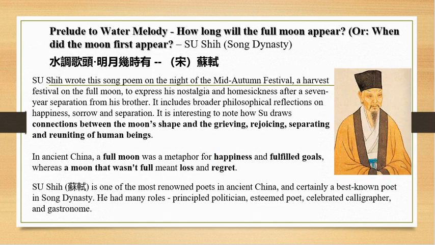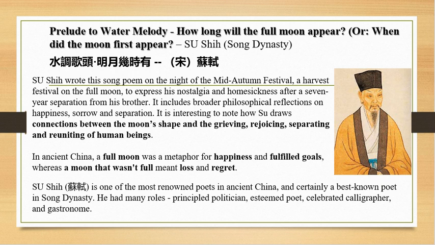Shi is a very famous poet in the Song Dynasty, and he wrote this poem around the Mid-Autumn Festival. It is a festival when family members gather together every year, but at that time he was separated from his beloved brother for 7 years, and he wrote this poem to express his homesickness.